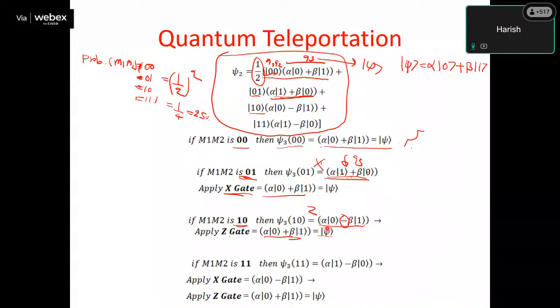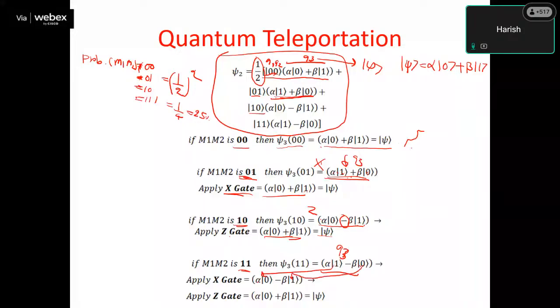Suppose we observe 1 1, because these are all equally likely, 0 0, 0 1, 1 0 or 1 1. So suppose we observe 1 1. In that case, this is your q3, and you want to make it psi. How can we make it psi? If we apply these two gates, x and z, in this order. First we apply the x gate, then this 1 will become 0, and this 0 will become 1.